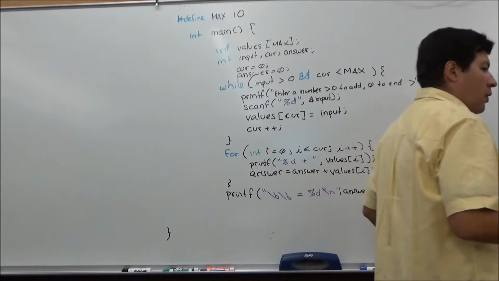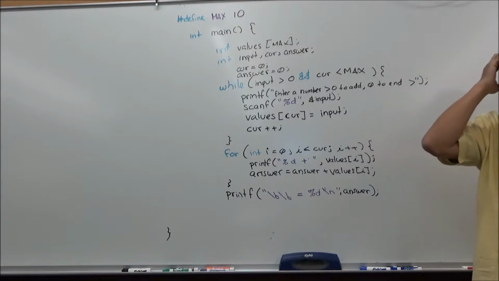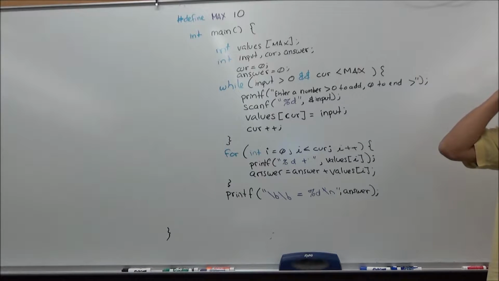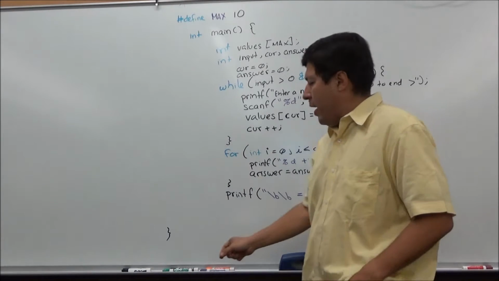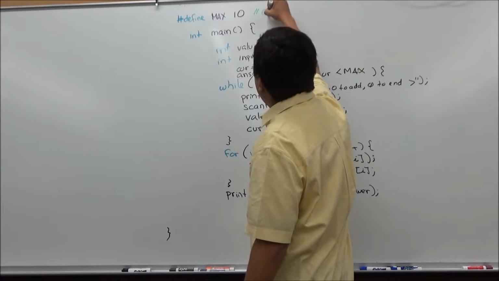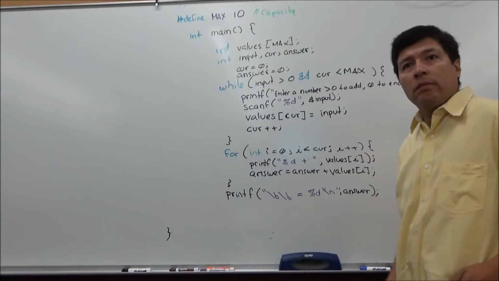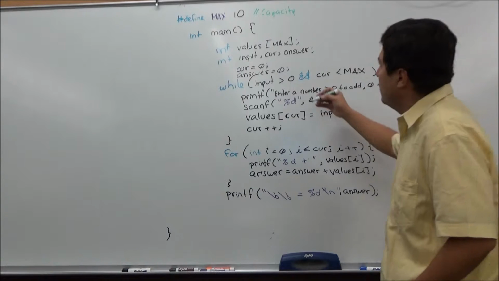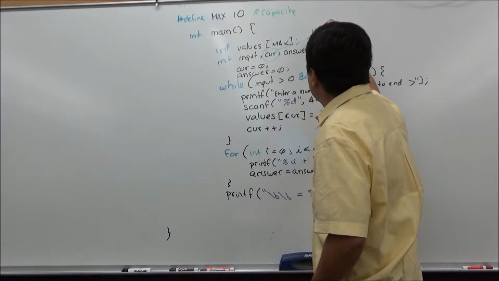So if you enter 2 numbers, this should only print the first 2 numbers of the array, although my array is 10 elements. So I guess I could say this max is the capacity of the array, and this current is the actual size.